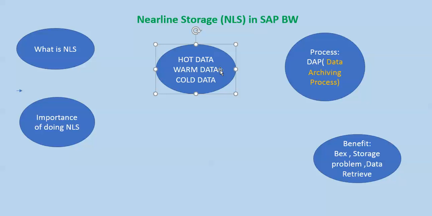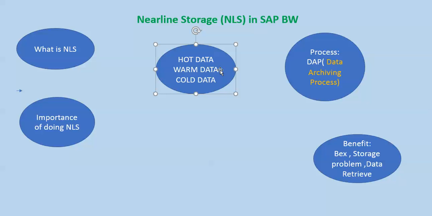Suppose you have finance data, and monthly, quarterly or yearly you review it. If the business wants, they can keep one year as hot data, the three years before that as warm data, and anything even older will be cold data.